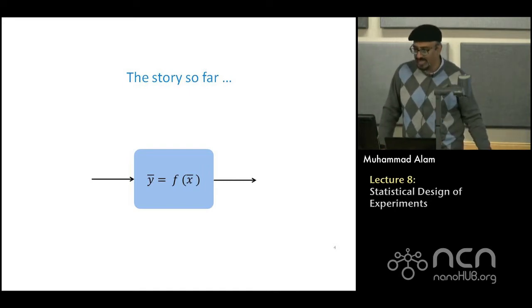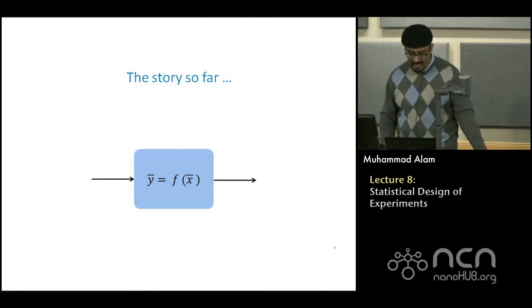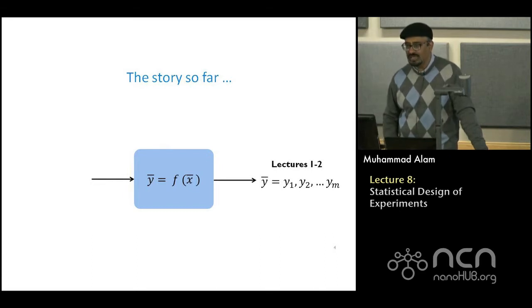And the story is essentially, you may remember that we have some set of input variables, and then we want to calculate. And we also know what is a set of output variables. And in lectures 1 and 2, what we started with is that somebody has given us these output variables, y1, y2, y3, and so on.